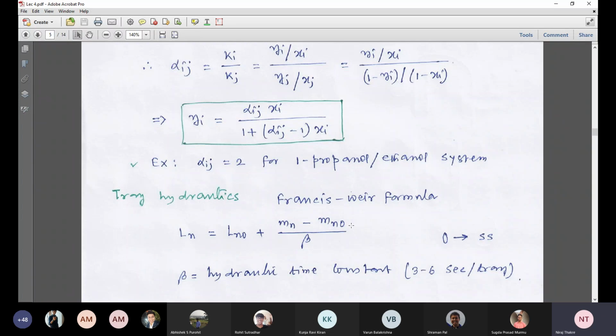So you can easily calculate the volumetric holdup. After knowing volumetric holdup, you just multiply with rho. Then you will get Mn naught. I repeat, your tray is basically a cylindrical tray.